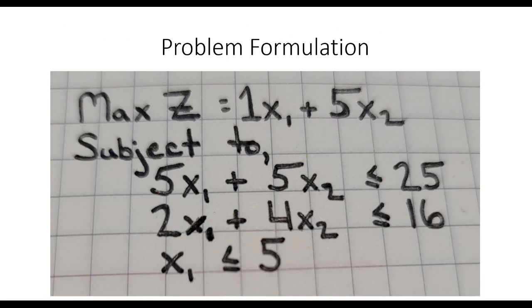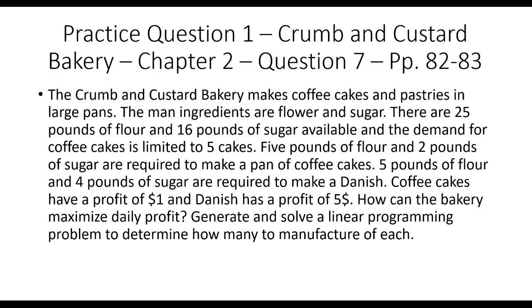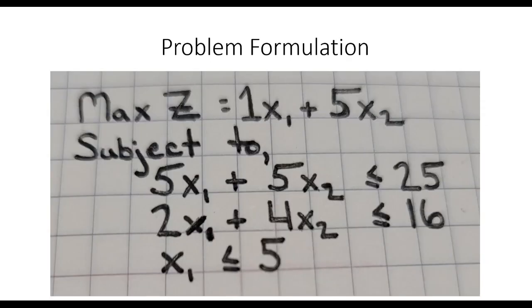The second constraint is based on the maximum amount of sugar that we have. And the third constraint is limited to demand for coffee cakes. It's limited to 5. So in this situation, we have 3 constraints. Again, once we have this information written in this format, it is relatively easy to solve.